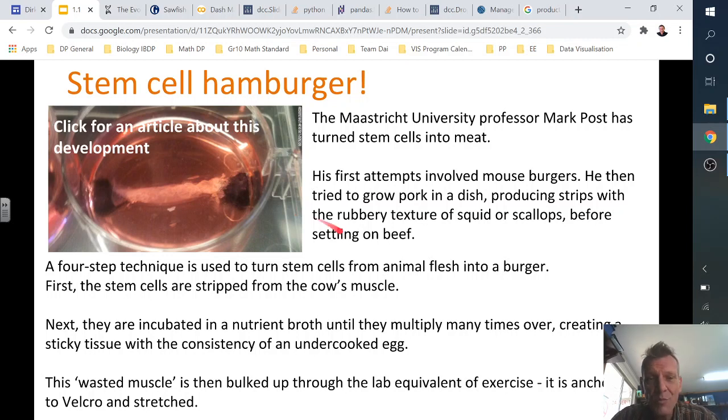So you could grow meat in the lab, basically. The issue there is that it is still, I think, years away from being economically viable. The issue is that it also needs to have a certain bite to it, and getting those fibers in the stem cell hamburger is a difficulty, I believe.